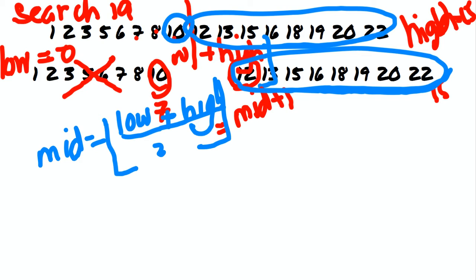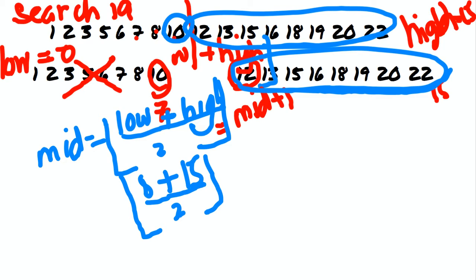This will become 8 plus high, which remains 15, over 2, floor. So 23 over 2, giving us a floor of 11. And that is what number? 8, 9, 10, 11. So we're going to divide it here, and that term is 16.